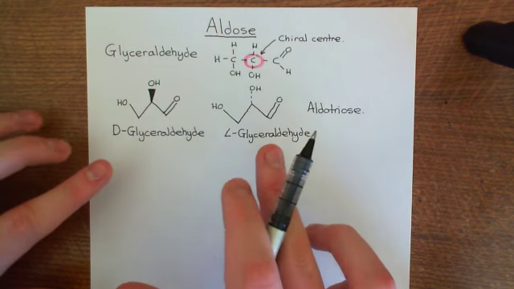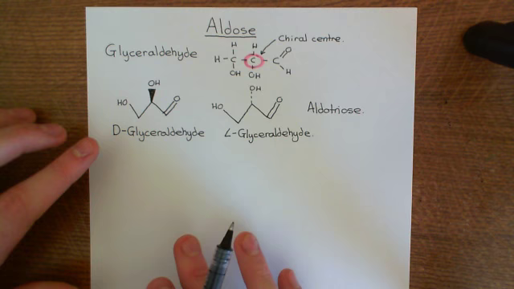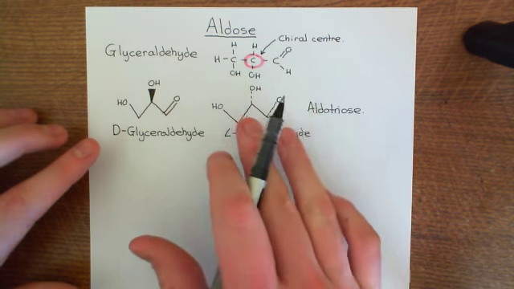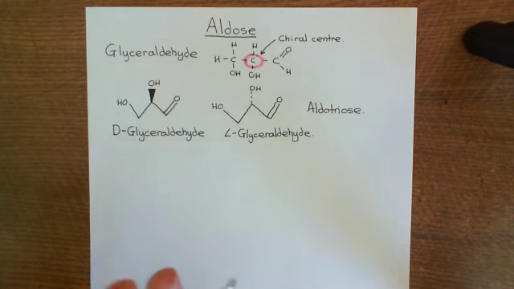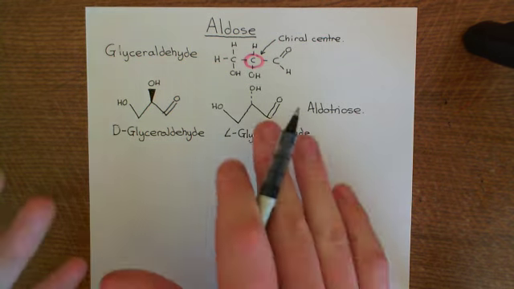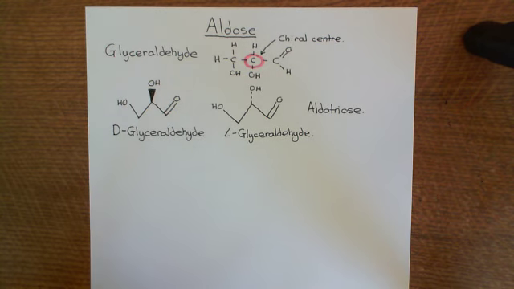So in principle, you could build the L isomer of all the later aldoses that we're going to see, and these would be analogous to the L-glyceraldehyde that we see here, but in reality, cells don't use this isomer, basically. They use D. That's why you hear about D-glucose, D-mannose, and never about L-glucose and L-mannose.